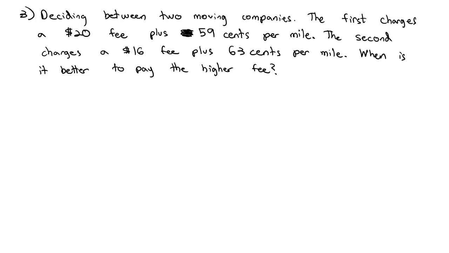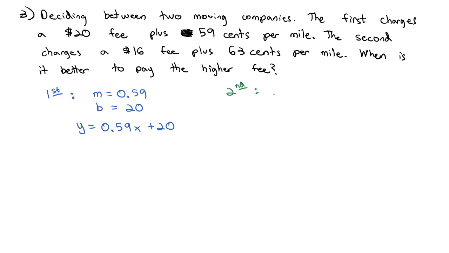Well, we've got two things happening here. We've got company one, which has a rate of change of 59 cents per mile, making everything into dollars would be 0.59, and a starting value for a fee of $20, which means the first equation is y equals 0.59x plus 20. y equals mx plus b.